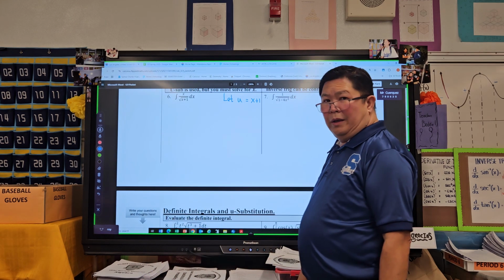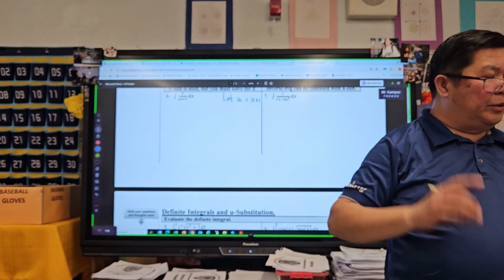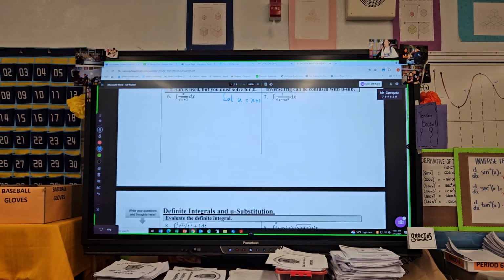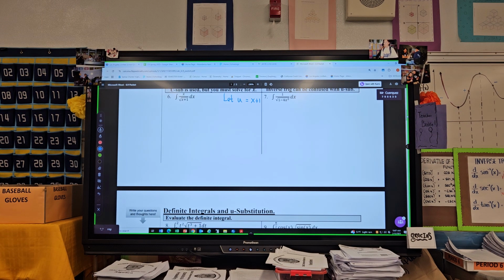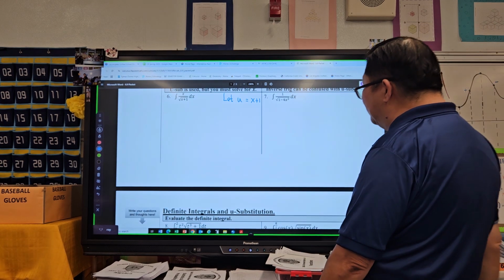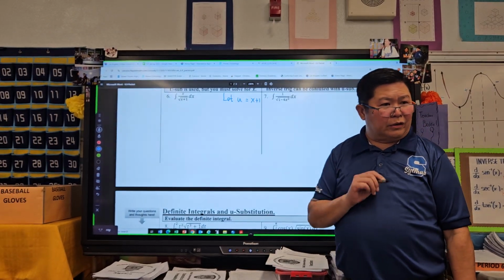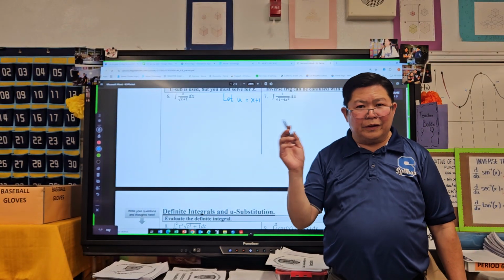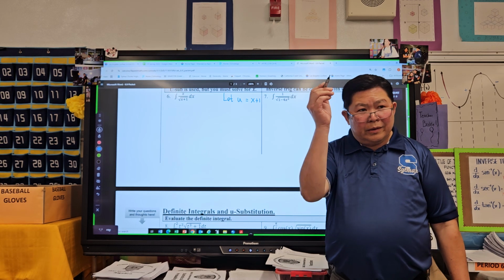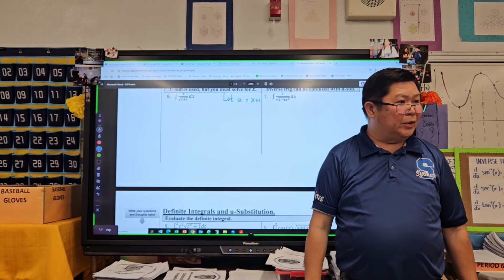Okay. But what do you notice on the numerator? X. And does it have something to do with the u that we have? Yes. We can rewrite this in terms of u, because our concern is to cancel out as much as possible, right?